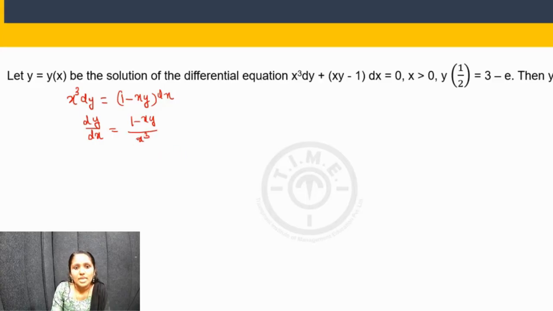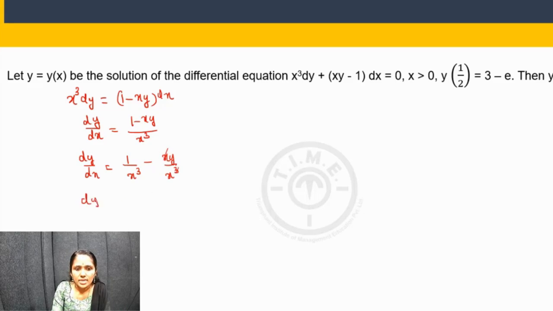On the right side, we can divide each term in the numerator by x cube. So we will get dy by dx is equal to 1 by x cube minus xy by x cube. In xy by x cube, we can cancel one x and x cube.